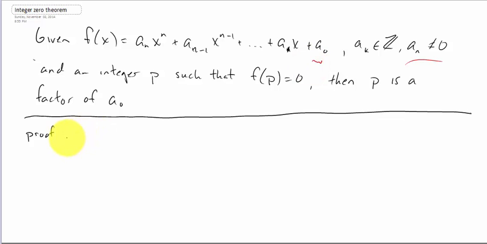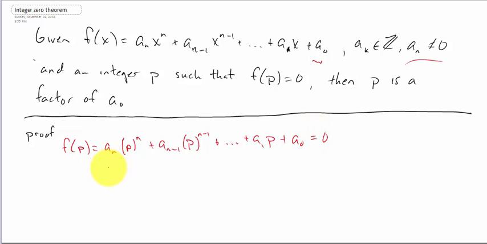Let's show that this is true. So f of p would be a sub n p to the n plus a sub n minus 1 p to the n minus 1 plus yada yada yada plus a1 p plus a0. We know that equals 0. We're told that p is going to be a 0 of this polynomial.